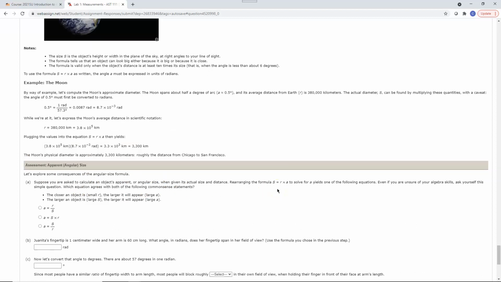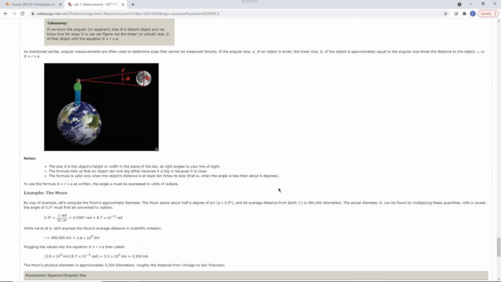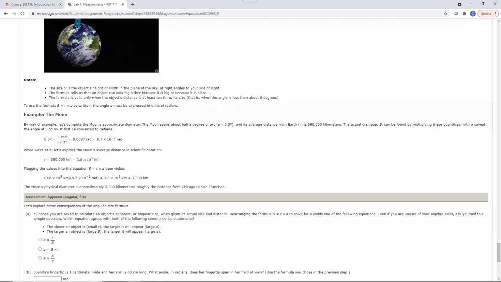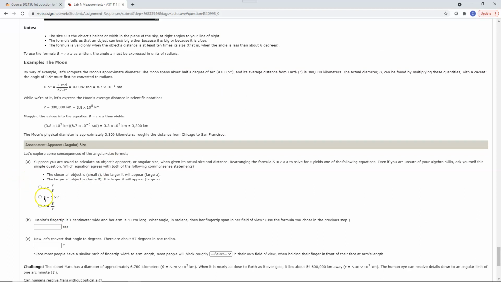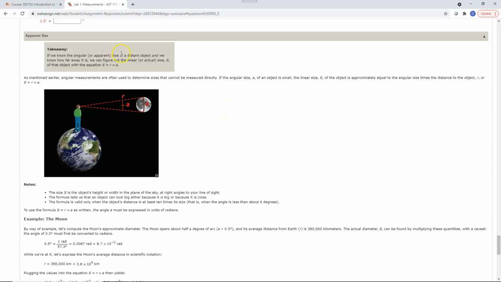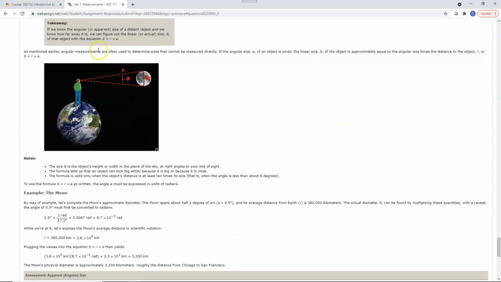So if I take this formula right here and look at it, if I'm trying to find A, I'm going to divide off whichever one that I want. So if I look here, I'm trying to find A. Where's my A? Right there it is.